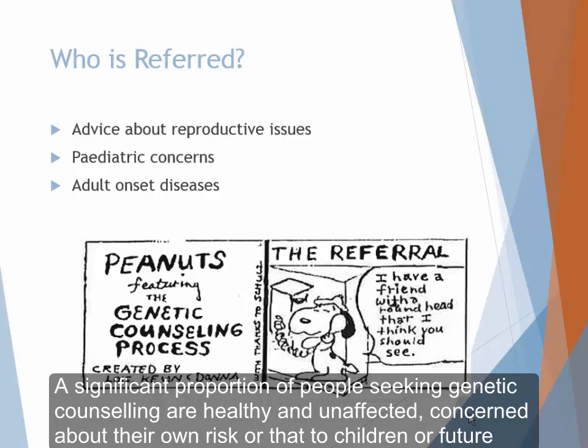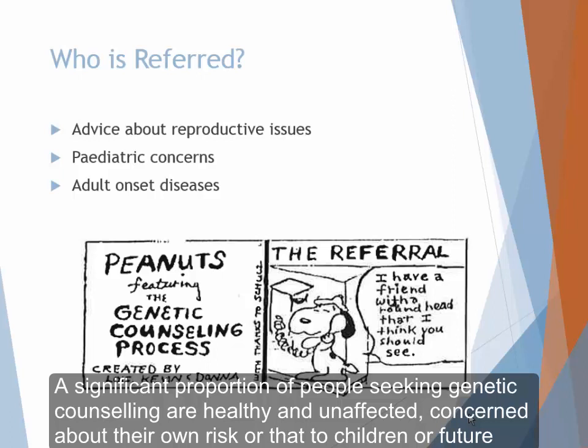So there are different referral concerns that people have, and there are people who want advice about reproductive issues. That may be because they're aware they're a carrier of a condition. They may be aware that there's an affected member in the family, a cousin, and they want to know whether they are a carrier and whether there's reproductive implications for them and their partner.